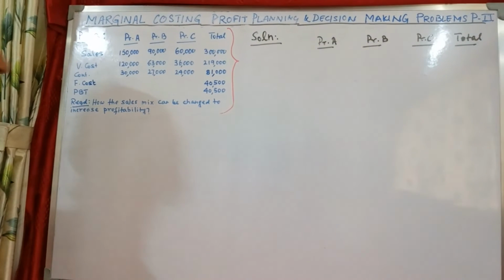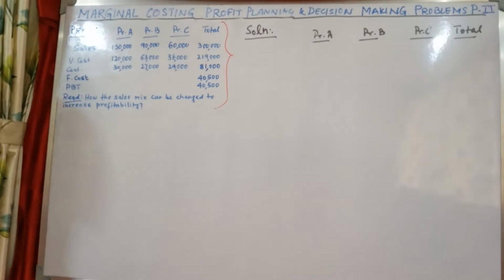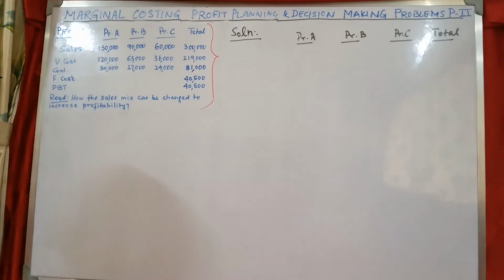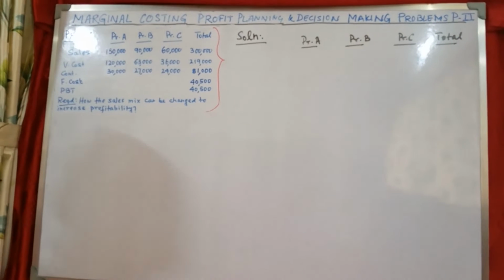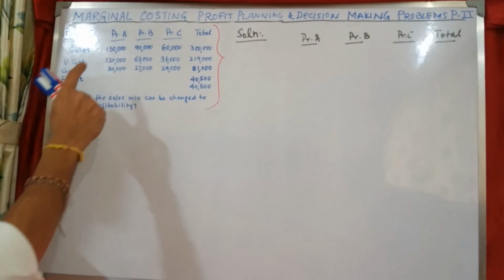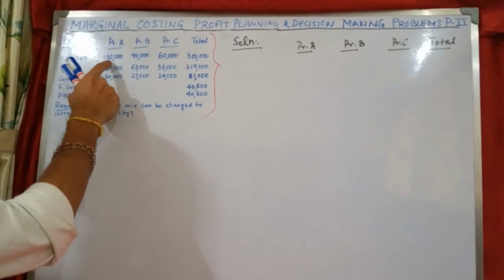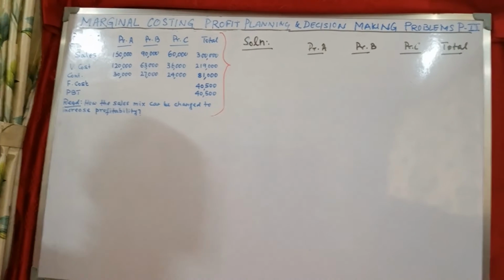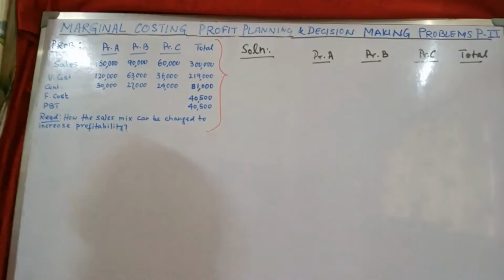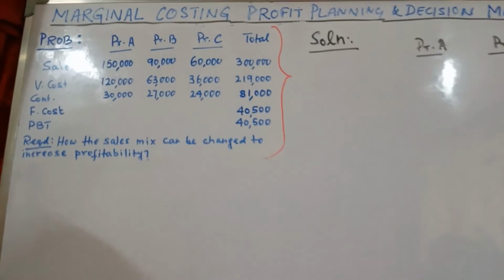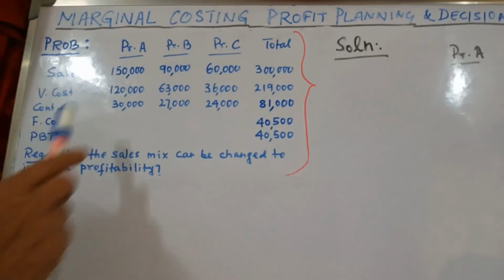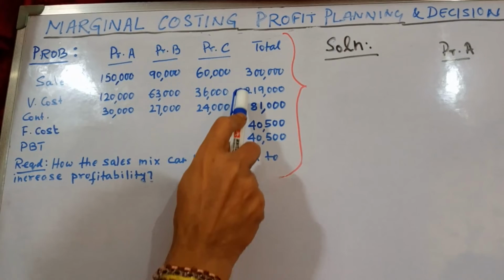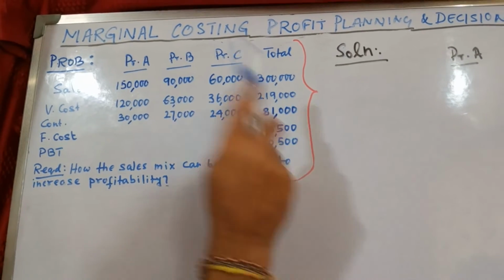Now the situation is given. A farm is producing 3 products, product A, product B and product C. Sales of the 3 products A, B and C are respectively 150,000, 90,000 and 60,000. So the total sales is 300,000. Variable cost of the 3 products are 120,000, 63,000 and 36,000, and total is 219,000.